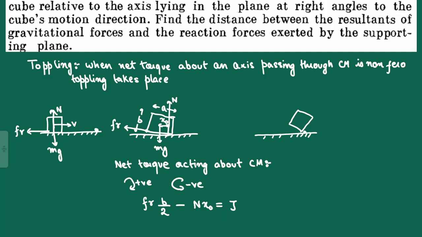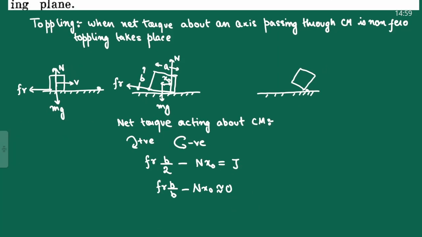At just the initiation of toppling, this value is nearly equal to zero. So Fr a by 2 minus N x naught is nearly equal to 0 at the starting of toppling.